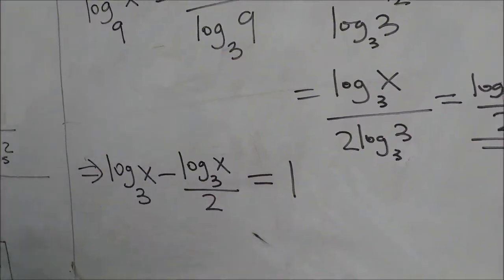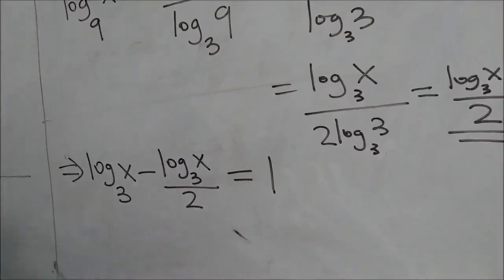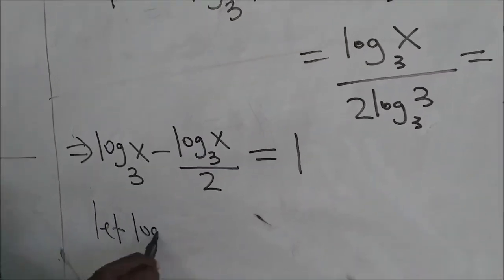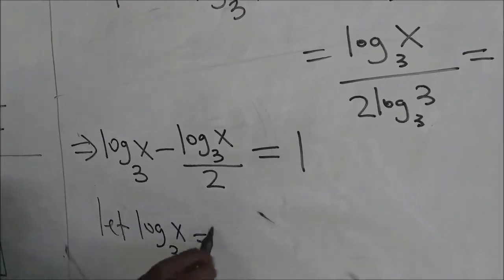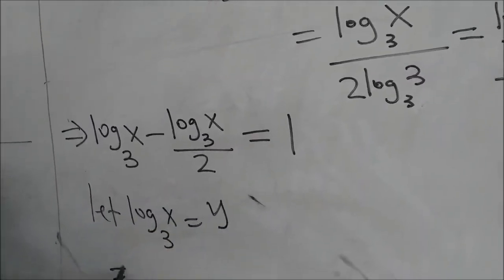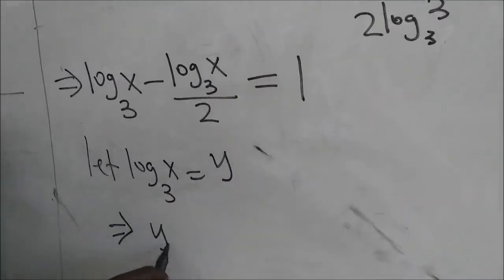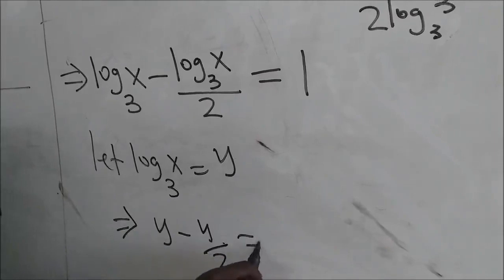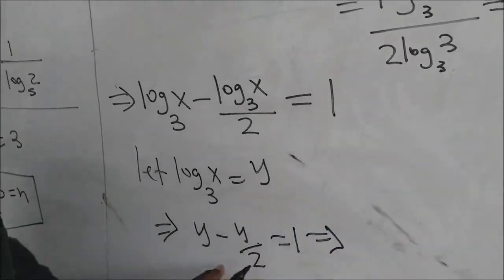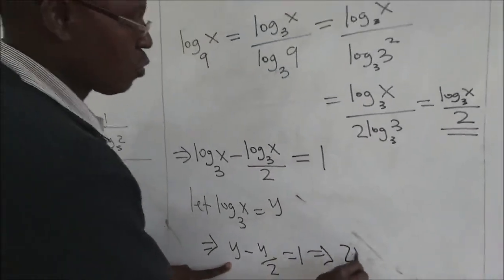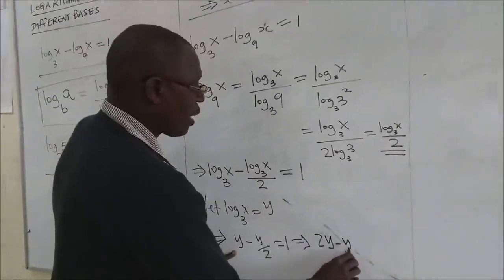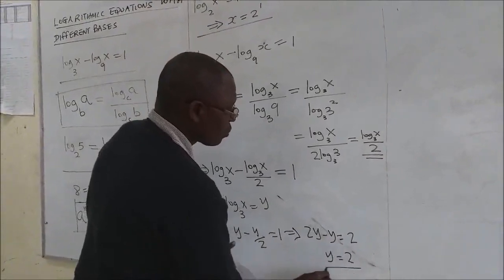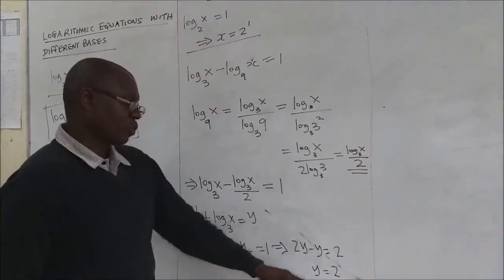I hope we are together. And with this, we can introduce a new variable by letting log x to base 3 be a new variable y, and so we shall have y subtract y over 2 equals 1. We can multiply through by 2 so that we shall have 2y minus y equals 2, and therefore y is simply 2.